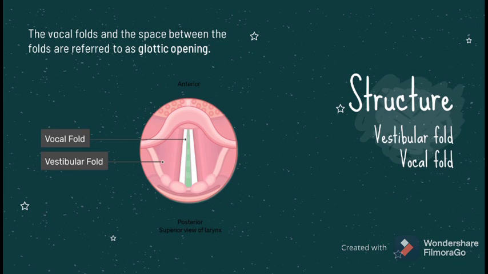For the next, we move to the structure. The glottis has two structures: the vestibular fold and the vocal fold. The vocal folds and the space between the folds are referred to as the glottic opening.